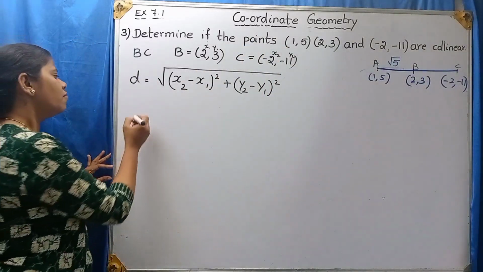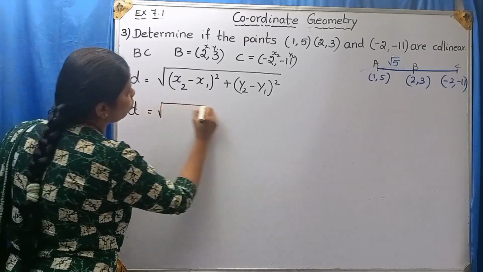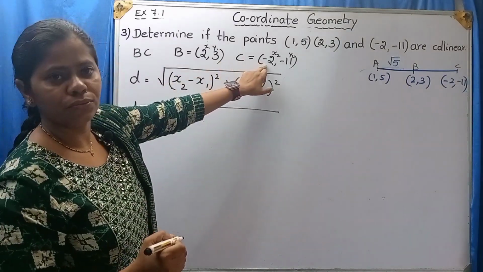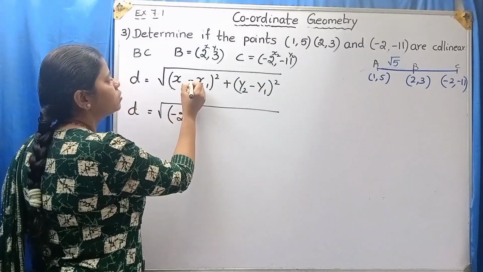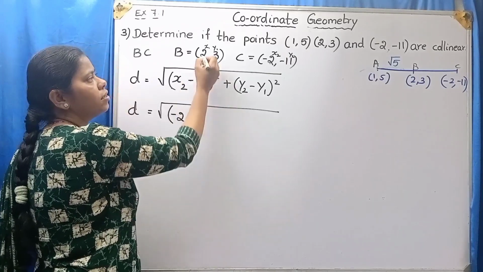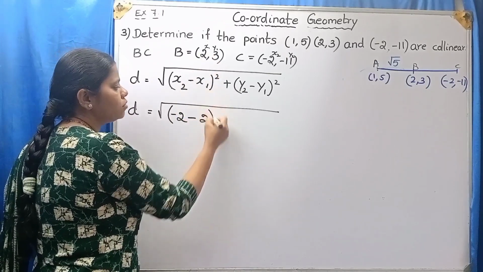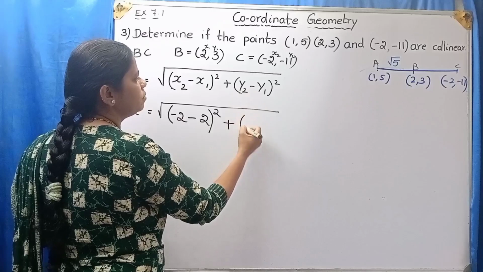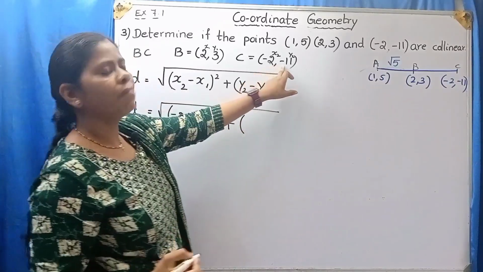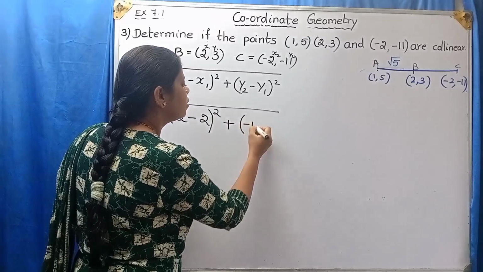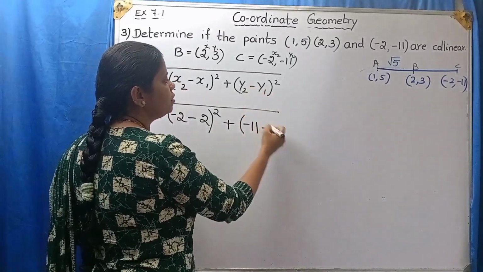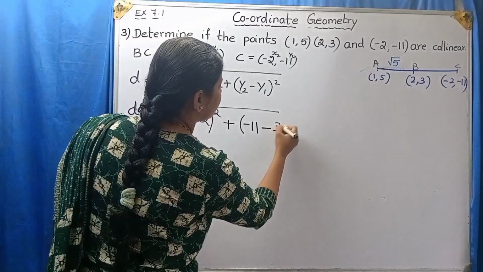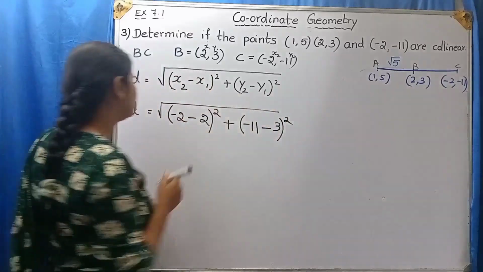Now see here, D is equal to square root of bracket, substitute the value of x2, that is minus 2, minus x1, x1 is 2, bracket close and square, plus bracket open, y2, the value of y2 is minus 11, minus y1, the value of y1 is 3, bracket close and square.